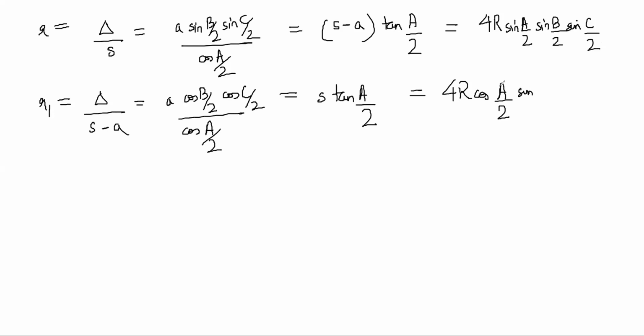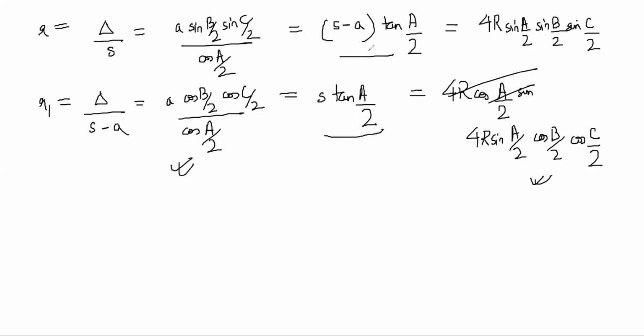We have 2 cos's and 1 sine, I think. So this will be 4R sin(A/2) cos(B/2) cos(C/2). This is what we just got, right? So this and this is clear. This part is a little unclear right now. This is also clear, right?